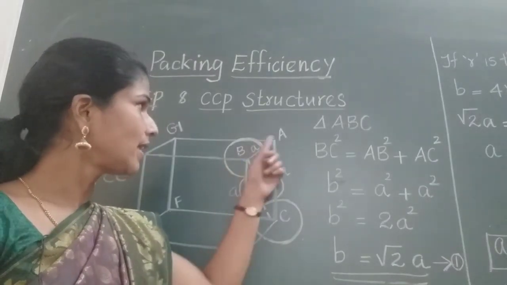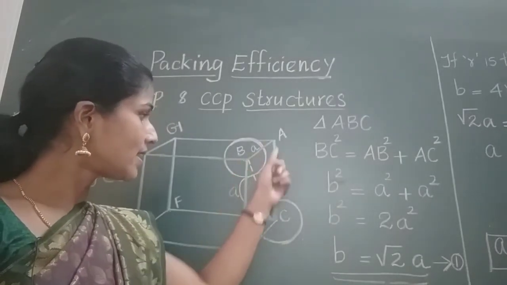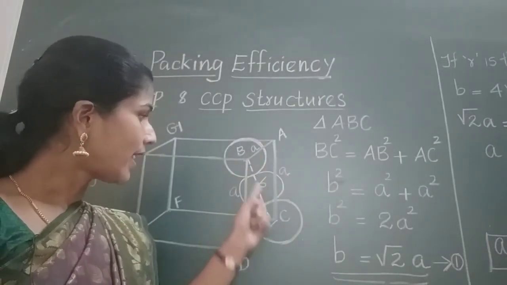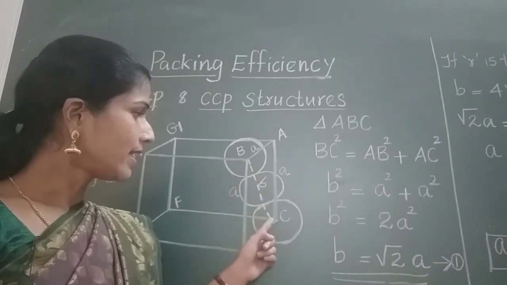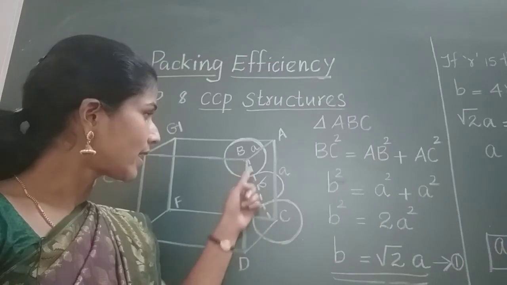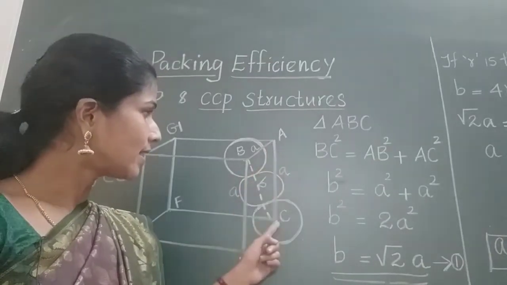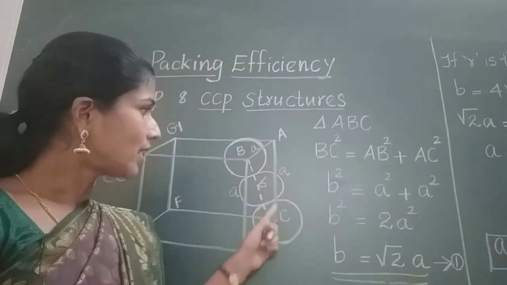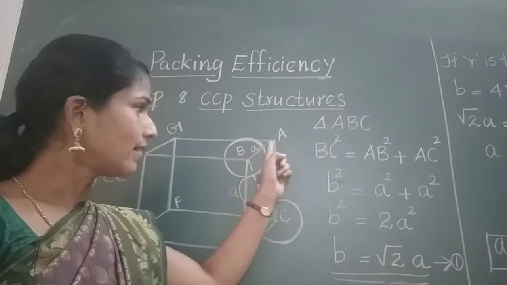We consider this face, and the diagonal of this face is drawn here. This is taken as small b, and this is an edge with length a, and this is also an edge with length a.